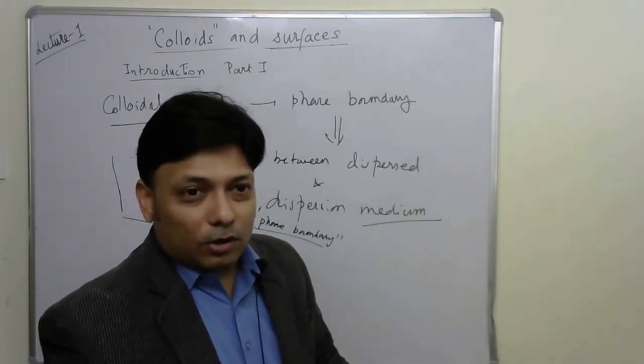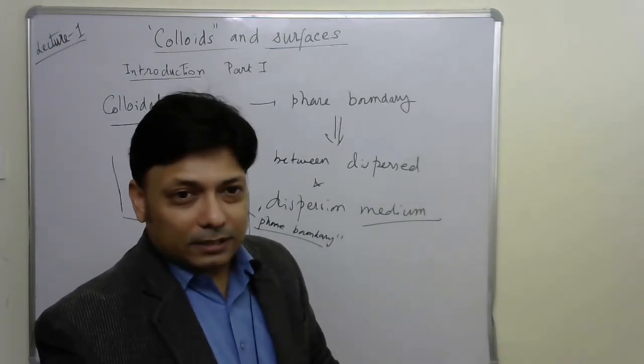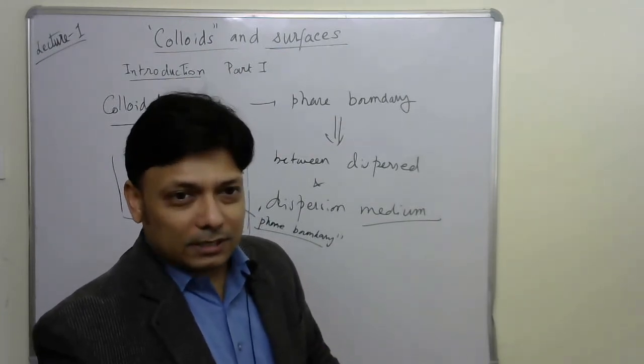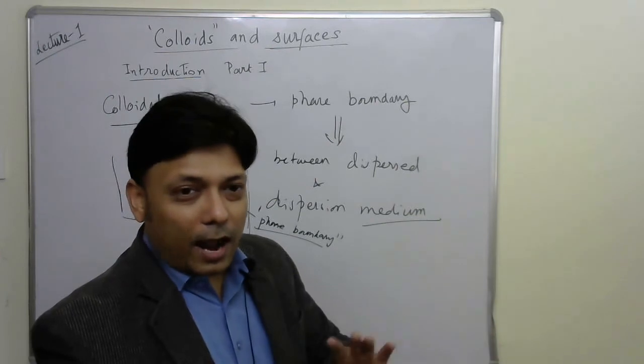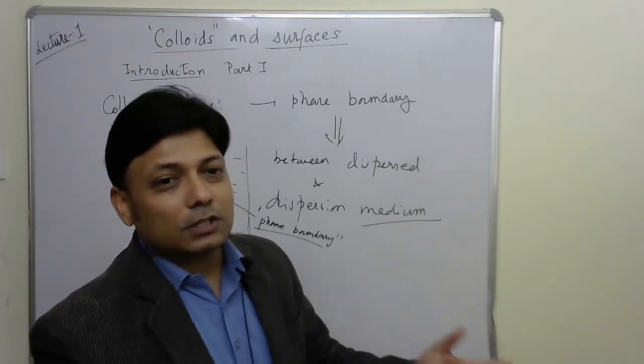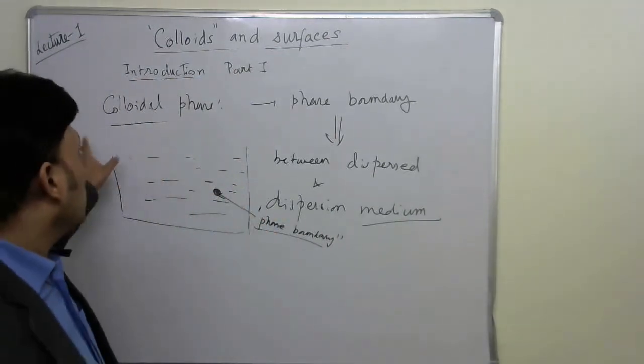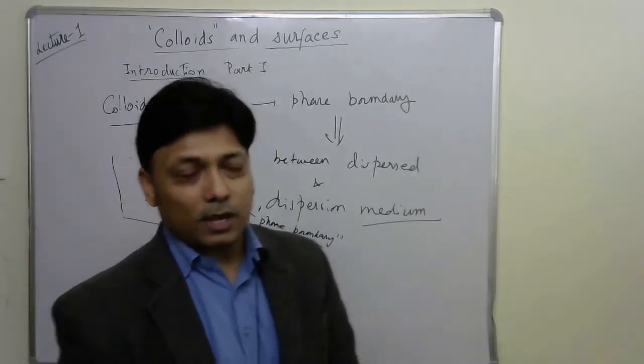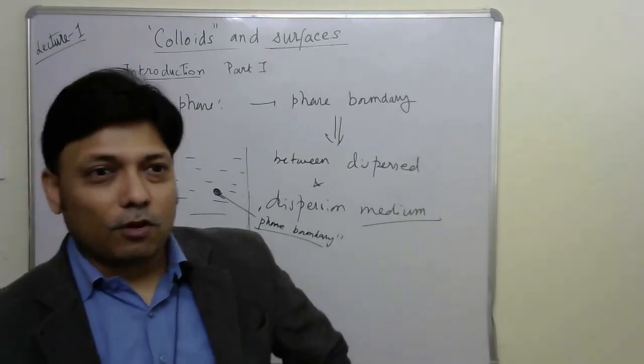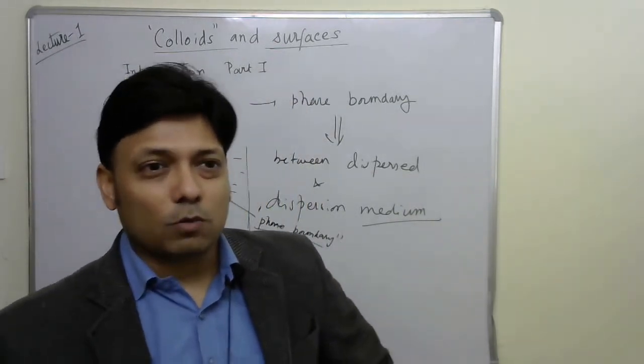If we take all combinations, then there are 9 combinations of dispersed and dispersion medium, and each of them would constitute a colloidal phase. This much is enough for today's introductory lecture part 1.